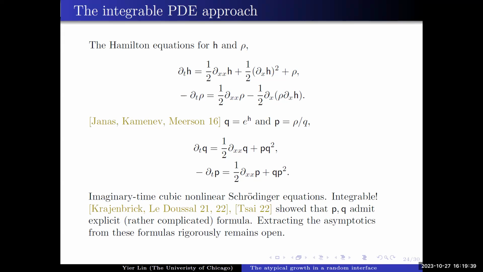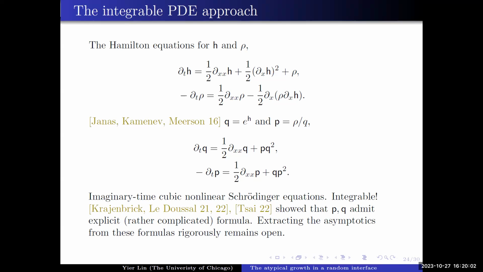And actually, this was done in the physics work by Krajenbrink and Le Doussal, and also later by the work of Li-Cheng Tsai, where they proved part of the work in a rigorous way. And they showed that this P and Q, so equivalently this H and rho, admit some explicit but rather complicated formula.